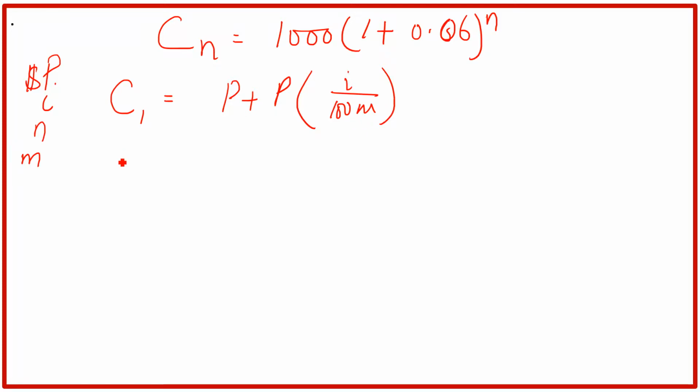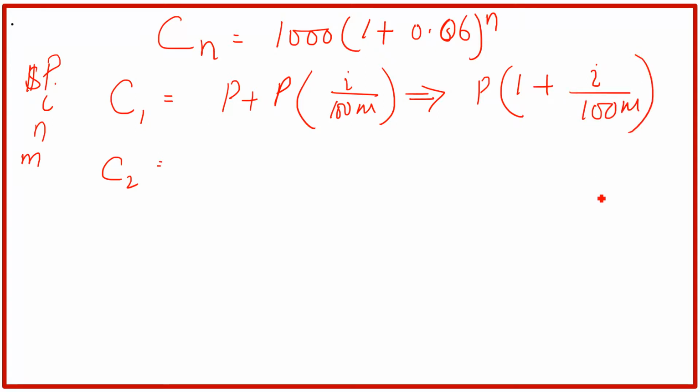After the second period, C2, right? One more step I can write. This implies that if I take P as common, here we have 1 plus I divided by 100M.